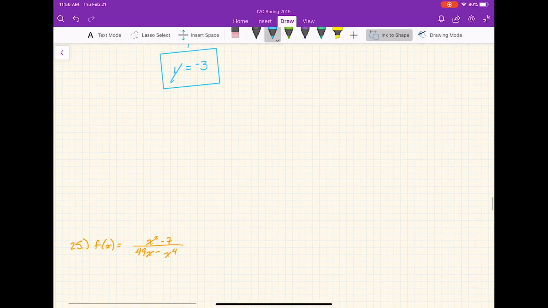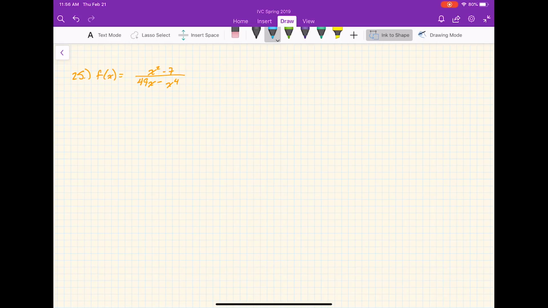Okay, so number 25, last one of this section. They're trying to throw a little trick in here for you because you want to have these terms in descending order for their exponents, right? So we have negative x to the 4th plus 49x, and that is under x squared minus 7.